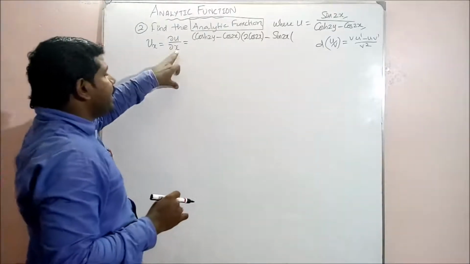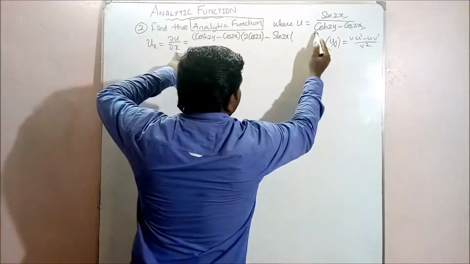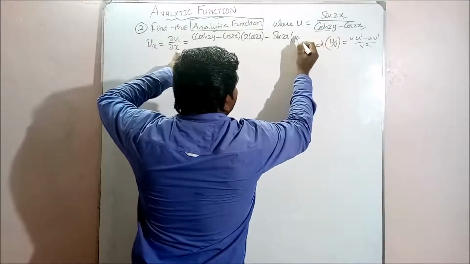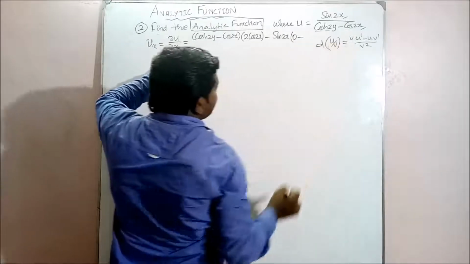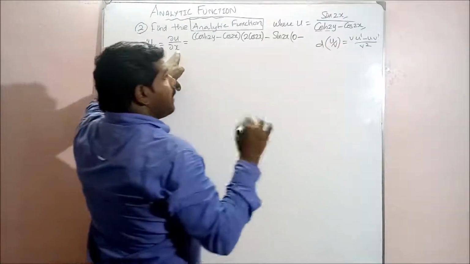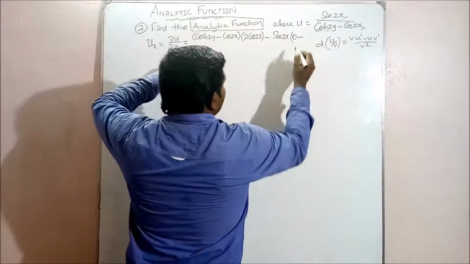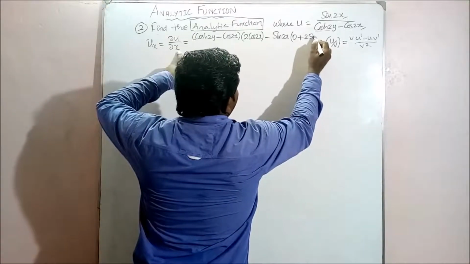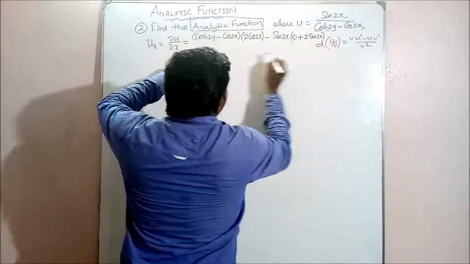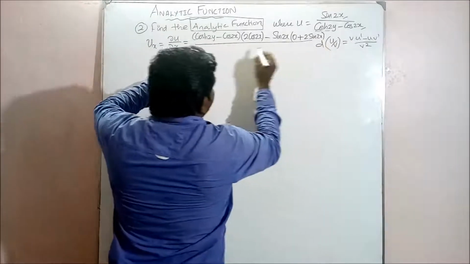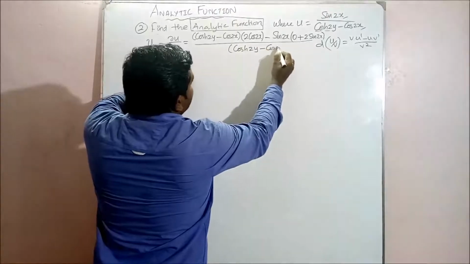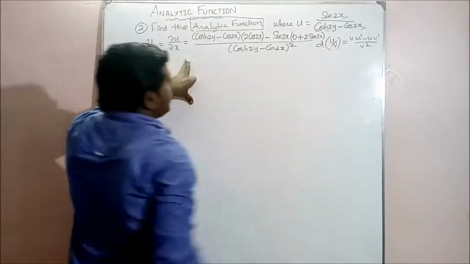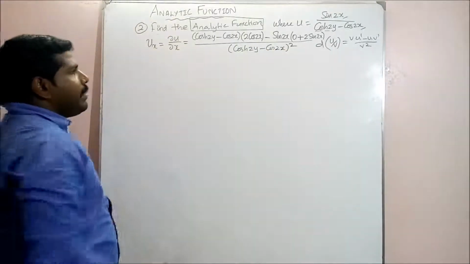In the denominator, cos h2y has no x, so it is 0; minus cos 2x derivative is minus minus 2 sin 2x, so here plus 2 sin 2x. Divided by the denominator term, the whole square, so cos h2y minus cos 2x the whole square. So we have applied the quotient rule.